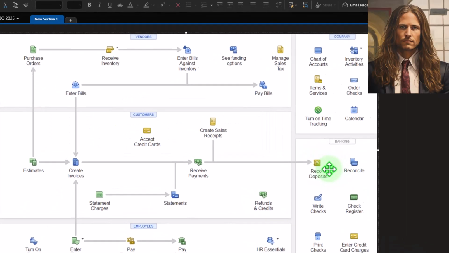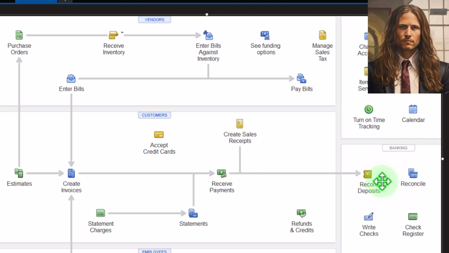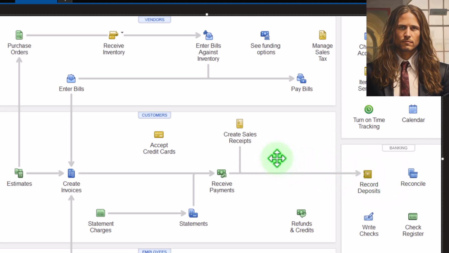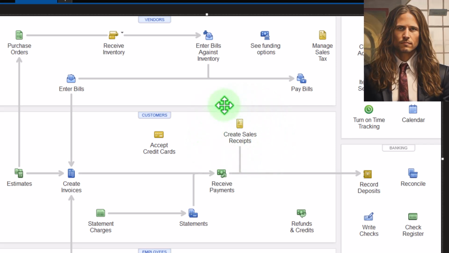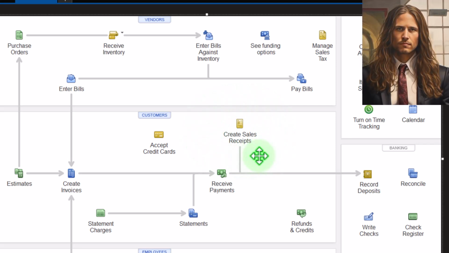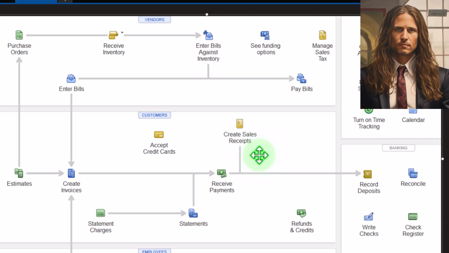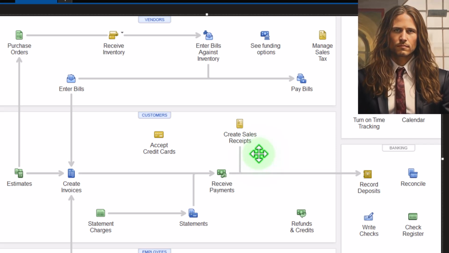Now, what if you're still on a cash-based system, but you actually are at a cash register? If you're at a cash register like a food truck or something like that, then usually you would want to integrate the sales receipt form. You don't have to, because you could say, hey, look, I'm just going to sell stuff at the food truck.